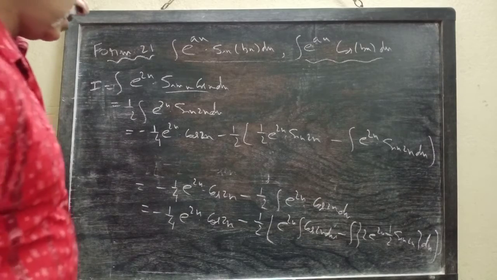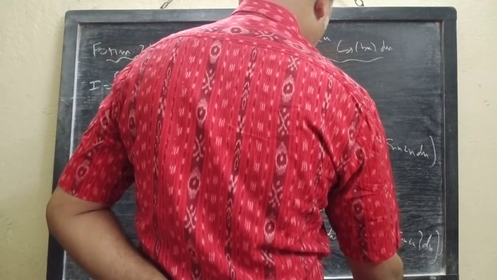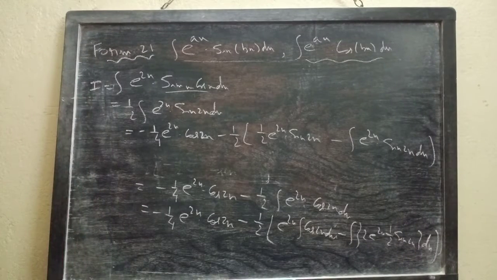I have made a mistake here. No. The integral of cos 2x is half sin 2x, which is okay. Okay, no problem.